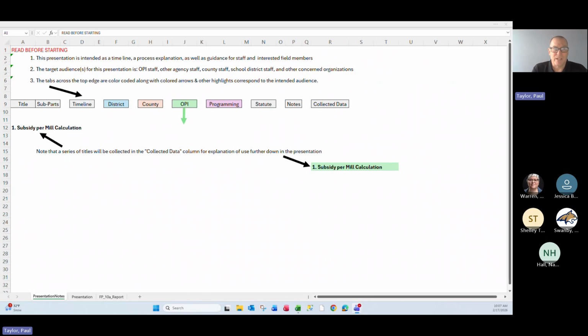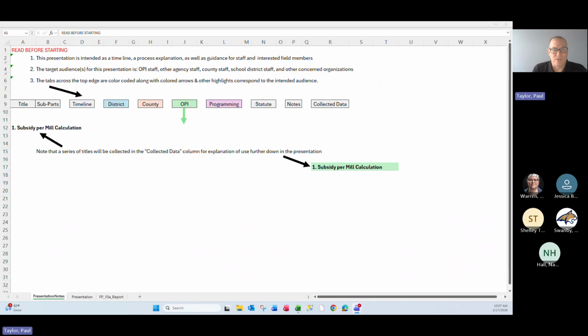The targeted audience is OPI staff, other agency staff, counties, districts, and other concerned organizations so that they can share in helping us get this whole project upright and in place on time.